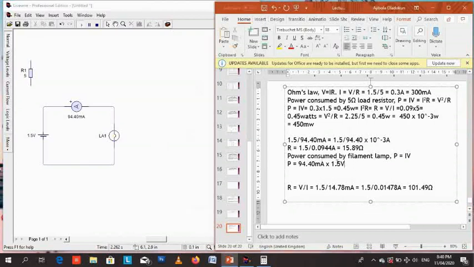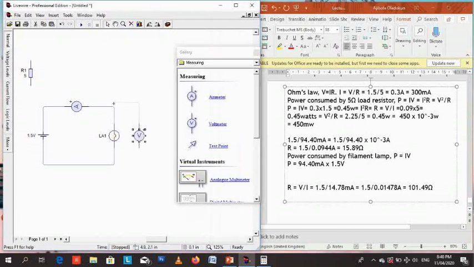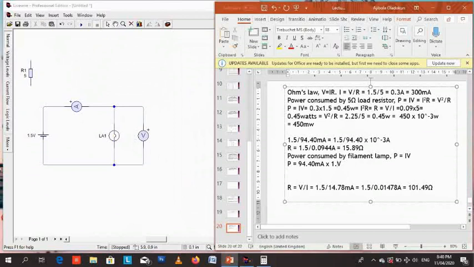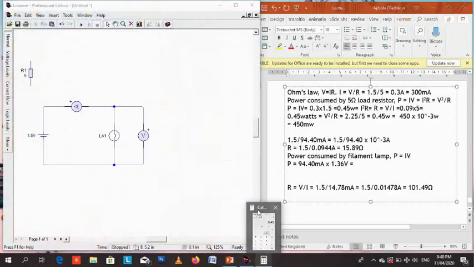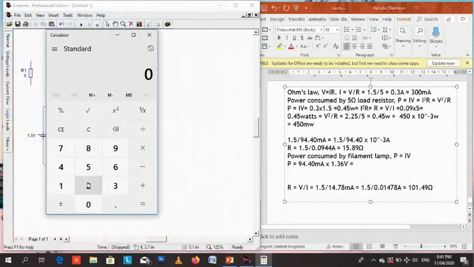So let's use P equals IV, because we had I and we had V. We calculated R by ourselves. If we try to obtain the power consumed by the lamp using P equals IV, our I is 94.4 milliamps, and if we use 1.36 as our voltage, the measured voltage, not the calculated voltage, we multiply by 0.0944.